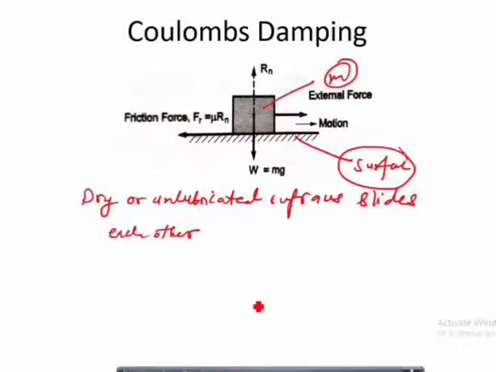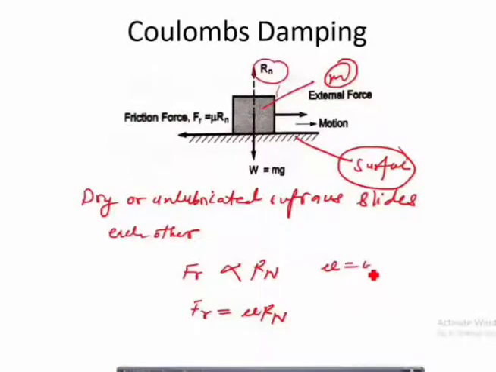In other words, the frictional force is directly proportional to the normal reaction. Let us say the frictional force is Fr and Rn is the normal reaction. So Fr is directly proportional to Rn. I can write it as Fr is equal to mu into Rn, where mu is the coefficient of friction.